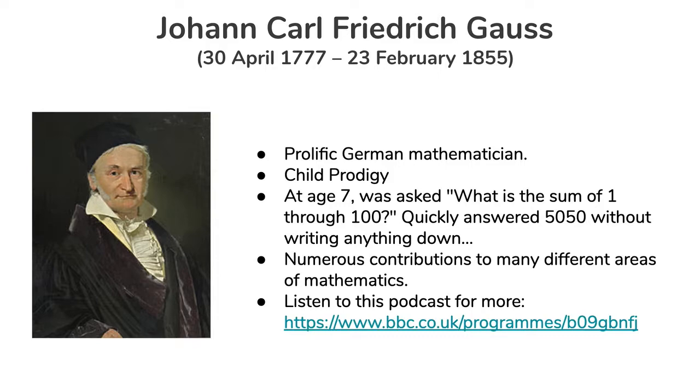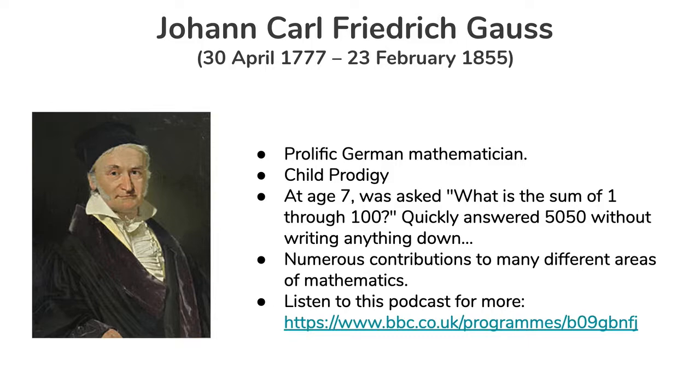My favorite story about him is, apparently, who knows how much of this is actually true, but the way the story is told is that in his math class when he was 7, the teacher told all the students to compute the sum of the numbers 1 through 100. And all the other kids in the class started writing down 1, then 2, then 3. And by the time they had to write out all 100 numbers, Gauss raised his hand and said it's 5,050.